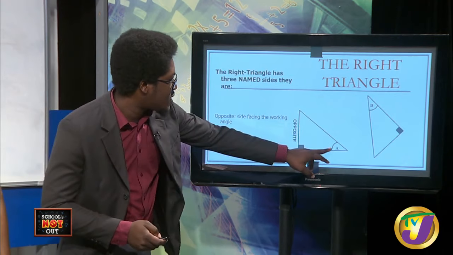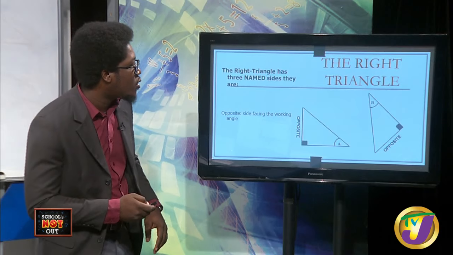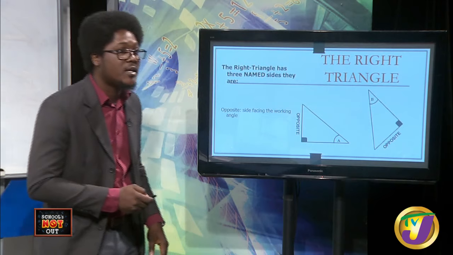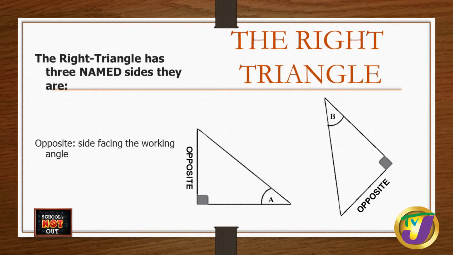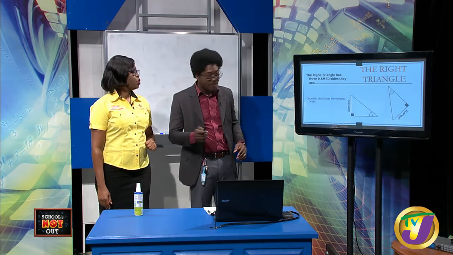The opposite is facing the working angle here, and in our second triangle, where we have the angle B, which is our working angle, the opposite is now facing B. So basically, we can see that our working angle can be at different orientations, depending on the orientation of our right angle. Which means the opposite will not necessarily always be on the same side for each triangle that we will be looking at. Okay.